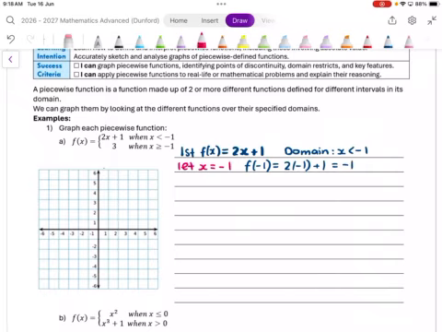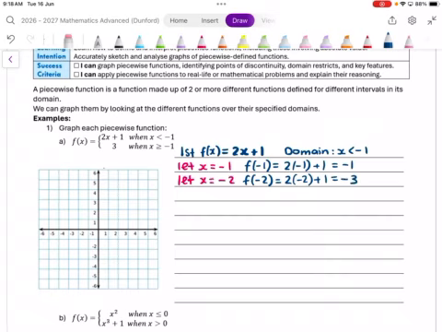Then we can do the same with our other values, so let x equal negative 2 as we go down, so f of negative 2 is equal to 2 lots of negative 2 plus 1, which is negative 3, and we can keep going, etc.